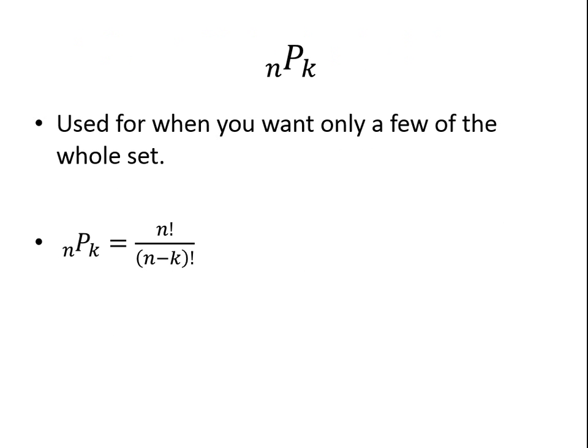All right, so back from a short little break, and now we have our permutation. So whenever we want only a few from the whole set, or only a subset from the entire set, we're going to use nPk, or nPr, depends on how you want to do your last number. And what you're going to do is you're going to go n factorial, so the bigger number factorial, divided by n minus k factorial.